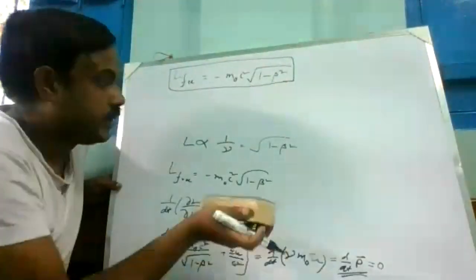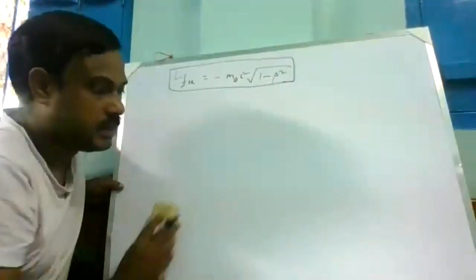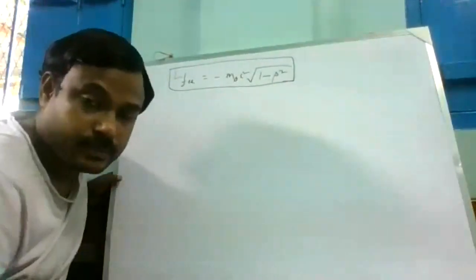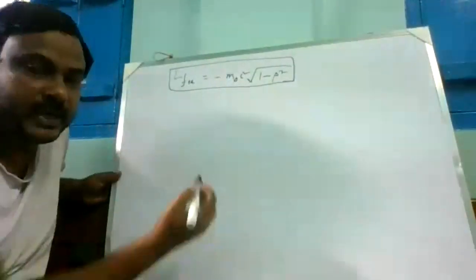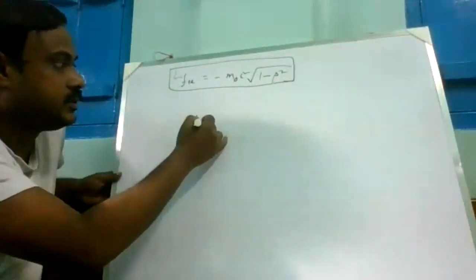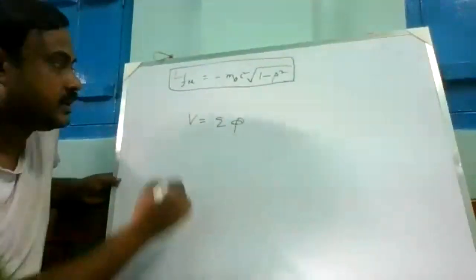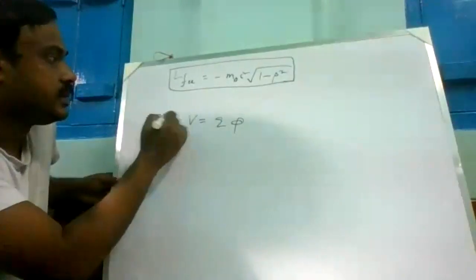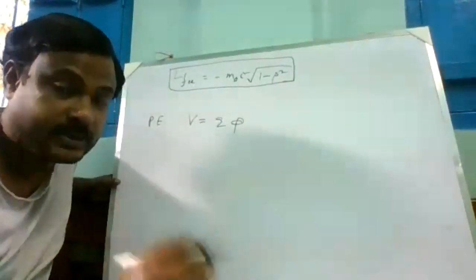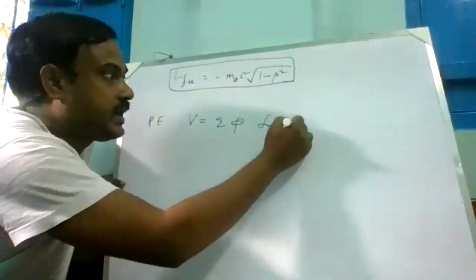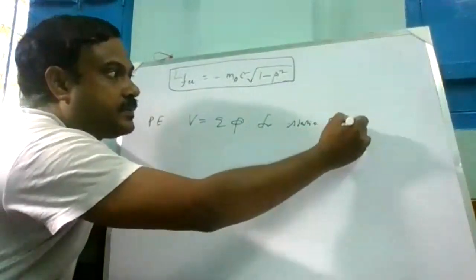Now we have to consider potential energy. Again, we have to depend on guesswork. We know for the static case, potential energy V equals Q into phi, for a static electric field.